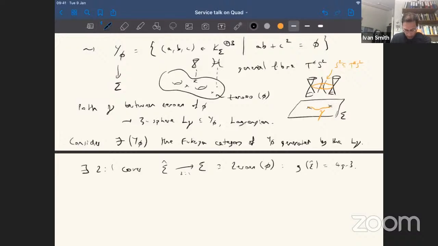And H^3 of Y_phi looks like H^1 of this covering surface, but the anti-invariant part for the natural covering involution. And this has rank 6g minus 6.